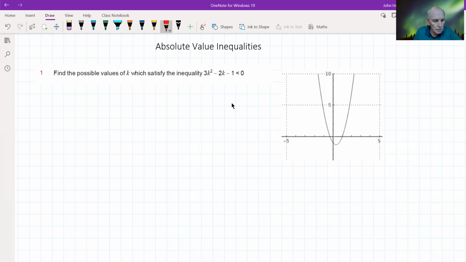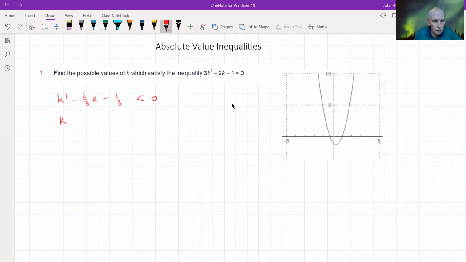So first of all, if we're going to solve this, it doesn't easily factorize, so I'm just going to rewrite this. I've divided right through by 3, so I can restate the inequality like this. Now, I think the best thing to do with this is to do a completion of the square.